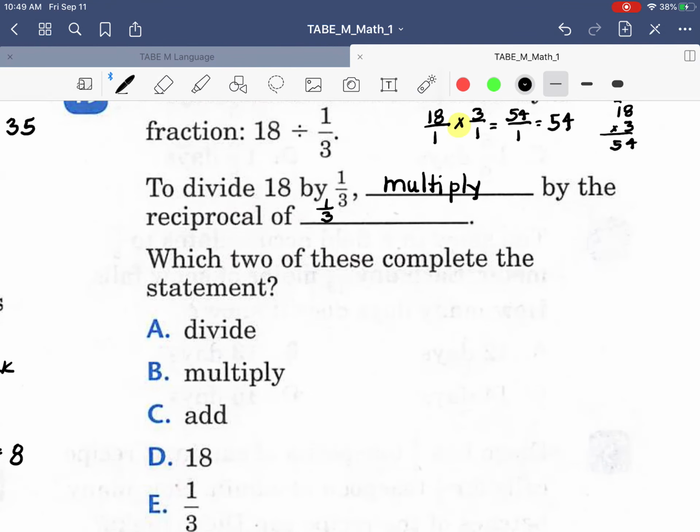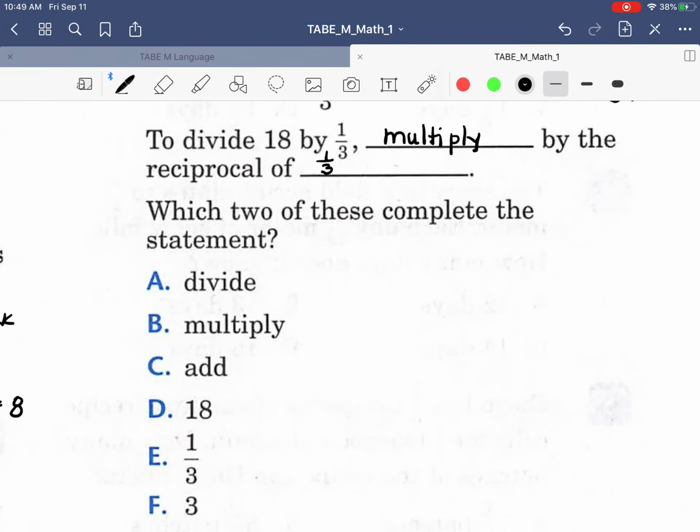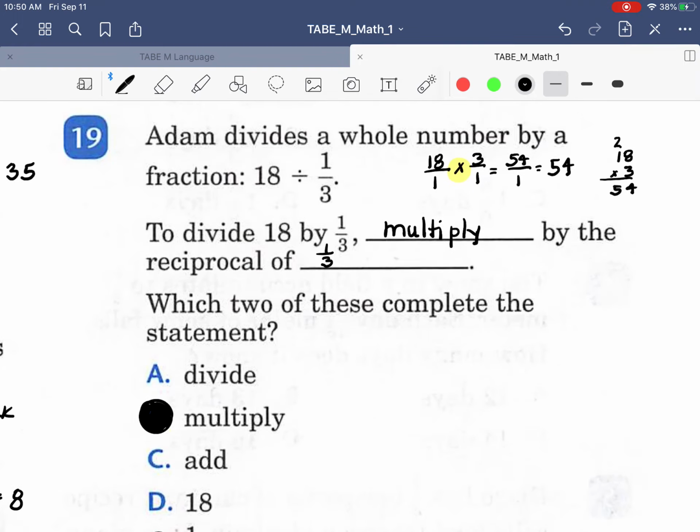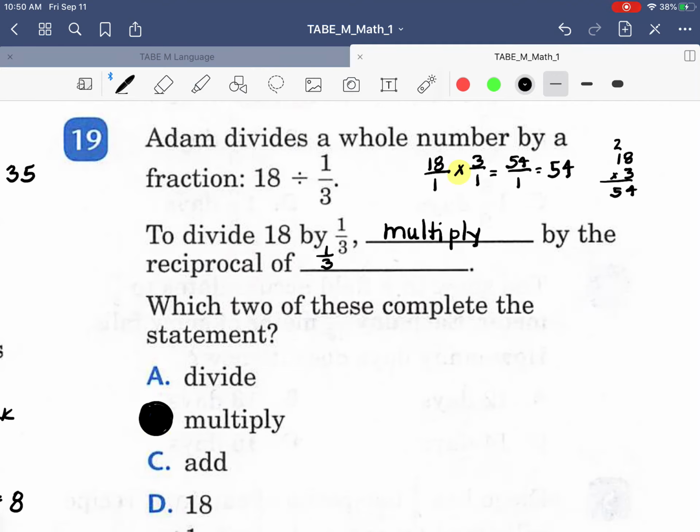And that would have been the 1/3. So which two of these complete the statement? You have multiply by the reciprocal of 1/3. That's an interesting question. That's what I call a theory question that explains how you do a procedure. And sometimes those are harder than the ones where you actually find the answer. So we multiplied by the reciprocal of 1/3.